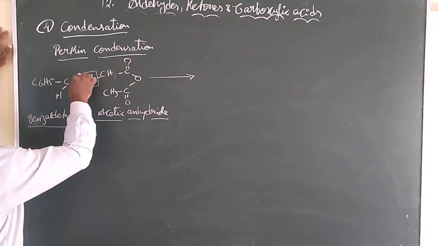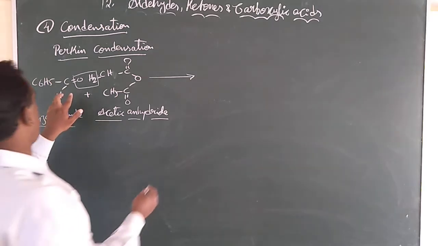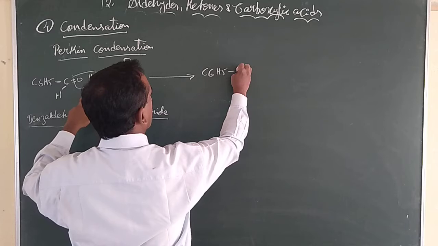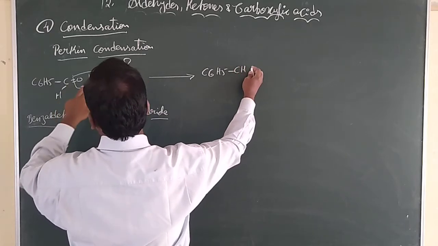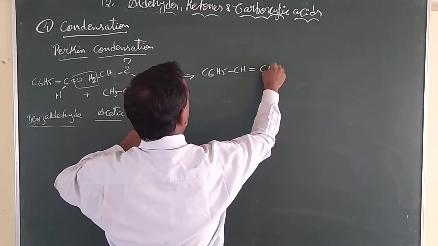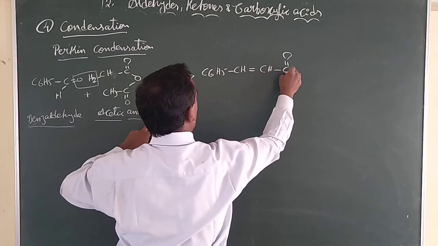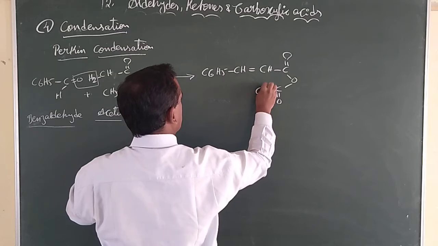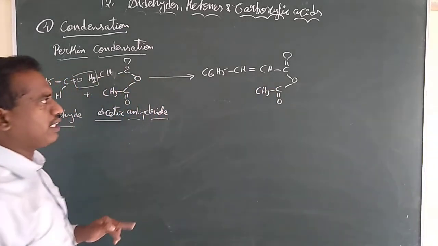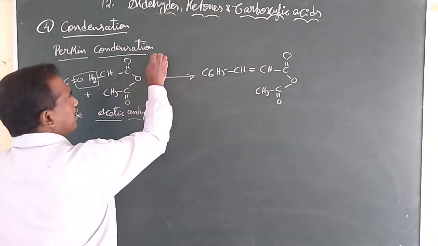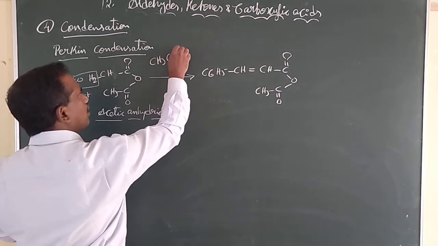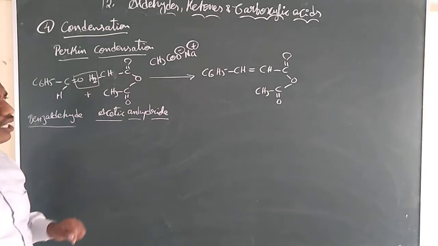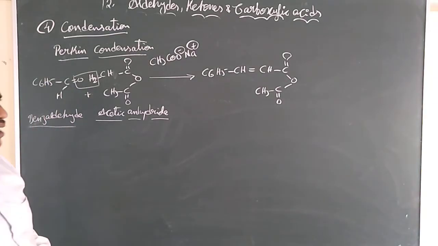Let us see, a water molecule is being removed, and we have C6H5 CH double bond CH C double bonded O CH3. It will be done in the presence of the sodium salt of a carboxylic acid, using it as the catalyst.